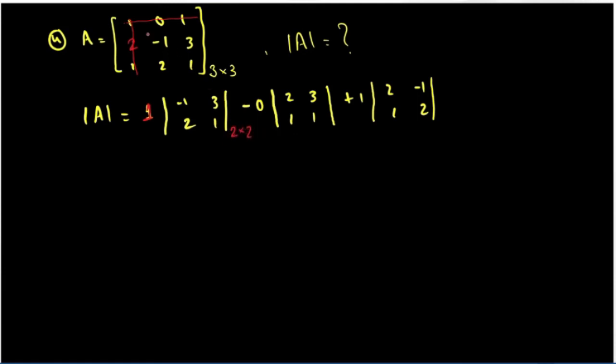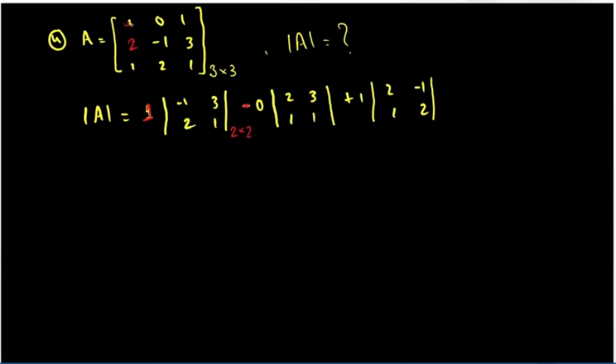Then in the second step, I will take the second element, that is 0, outside the matrix. So here I have taken 0 outside the matrix with a negative sign. So this is my negative one. Now I will hide its respective row and column.